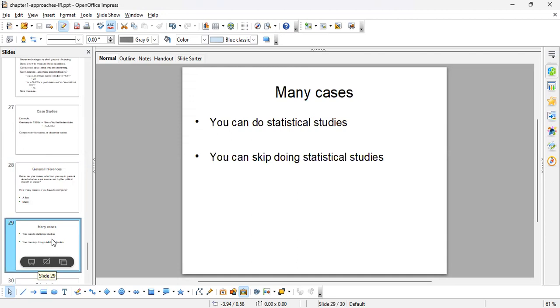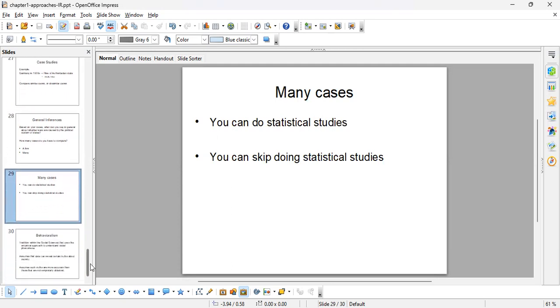You might have a statistical conclusion. But you don't always have to do statistical studies. You can tabulate your results and say, okay, here is the way things are. I see a lot of similarity here, and in some cases, there's not much similarity. So this is what the whole scientific approach is about.